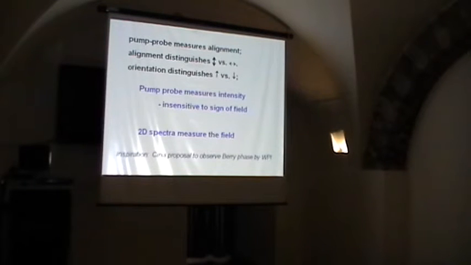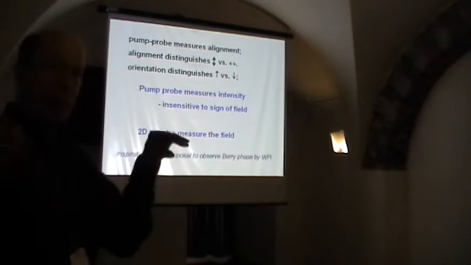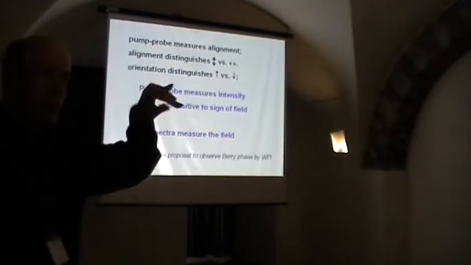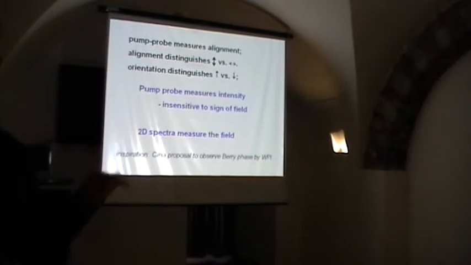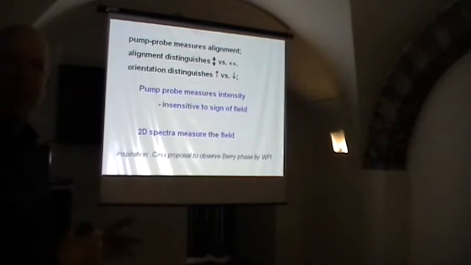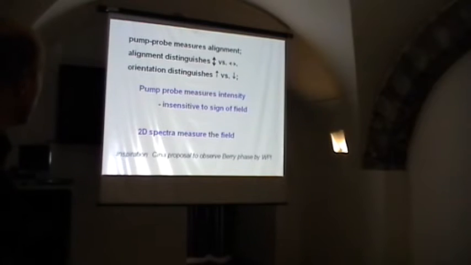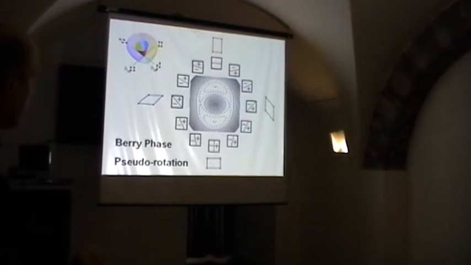And the inspiration for this is really a SINA proposal a long time ago to observe the Berry phase by wave packet interferometry. Now, with 1 milli-eV kind of stabilization, we're not going to be in the adiabatic limit, but you still expect phase to play a certain role here. And so here's just the reminder of how a Berry's phase works.